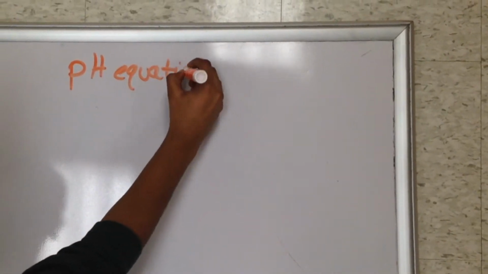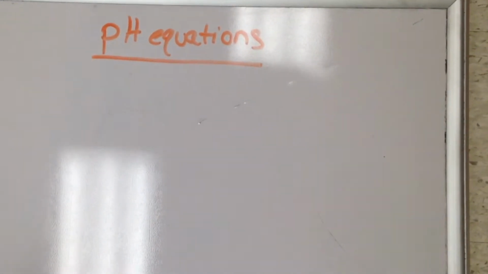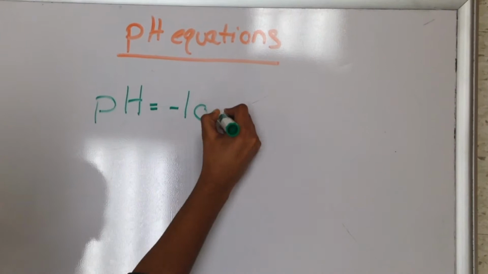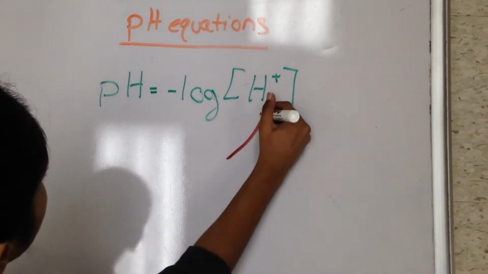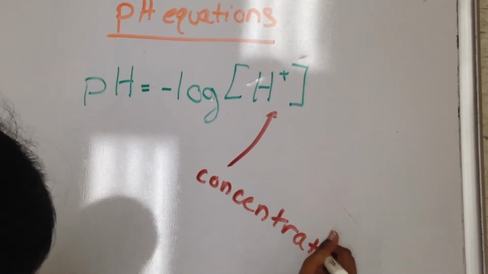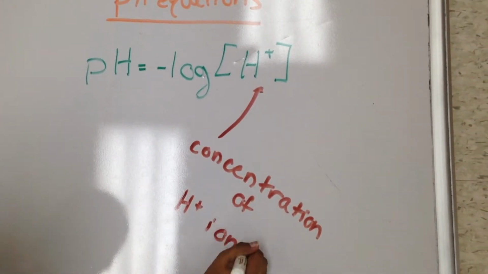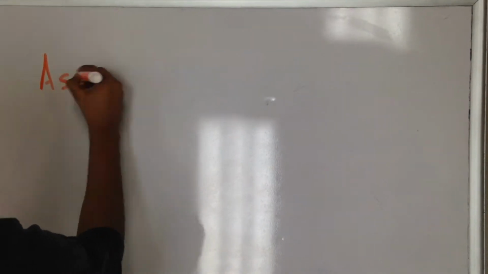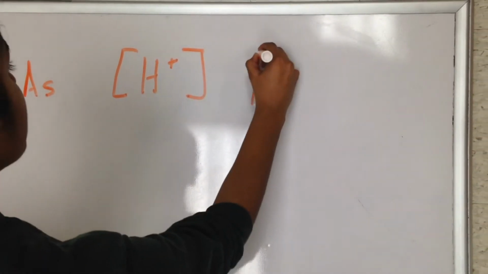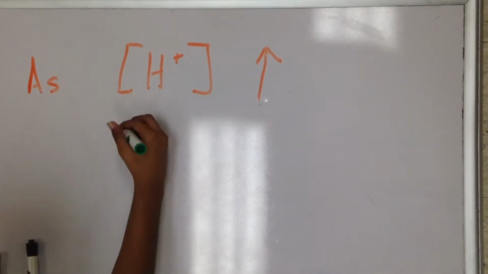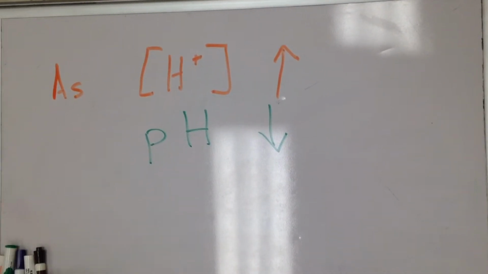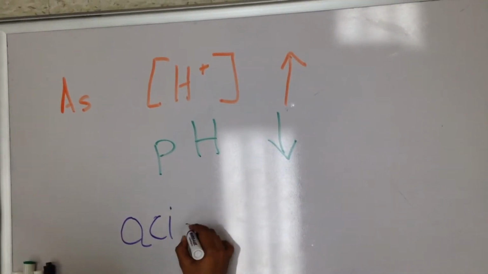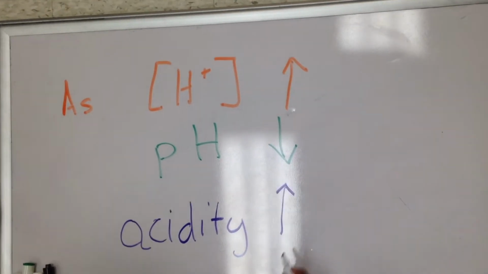One equation that we will later use to understand ocean uptake is the following. pH equals negative log of H+, where H+ is the concentration of H+ ions, which are also called protons. Another important idea about pH is that as the H+ ion concentration increases, the pH decreases, but the acidity also increases.